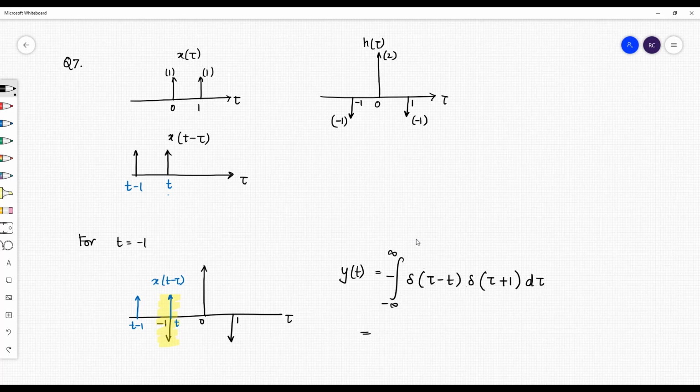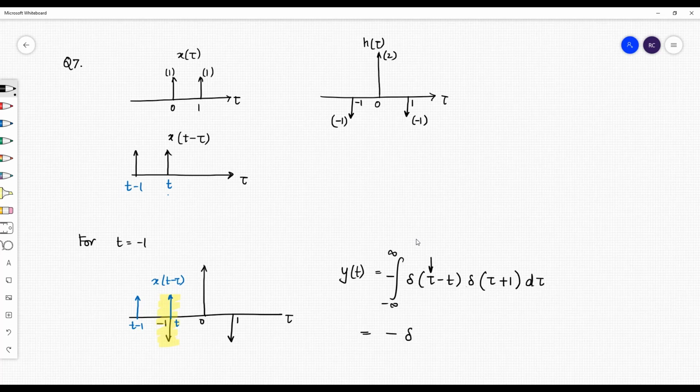Now we can clearly see that this particular term is 0 everywhere other than tau equal to minus 1. That means the only possibility for this product to be non-zero is at tau equal to minus 1. So if I plug in tau equal to minus 1 here, I can, for that infinitesimally small duration, consider it to be a constant and take it out.